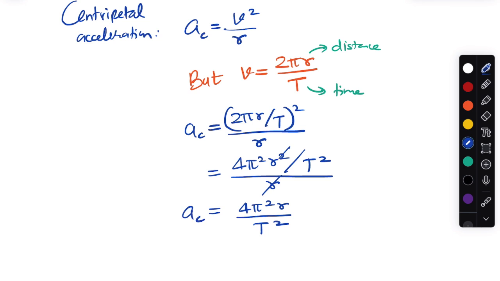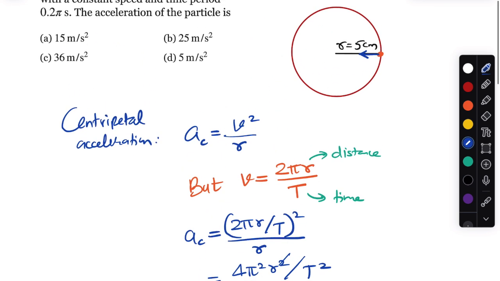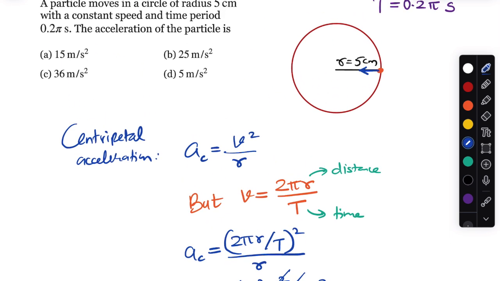Now we have an expression for the centripetal acceleration that is ready to be used in this particular problem, because all that remains is to substitute the values of the radius of the circular path and t, the time it requires for the particle to complete one circle, both of which we are aware of. So let's plug in the values, and what we get is 4 pi squared.